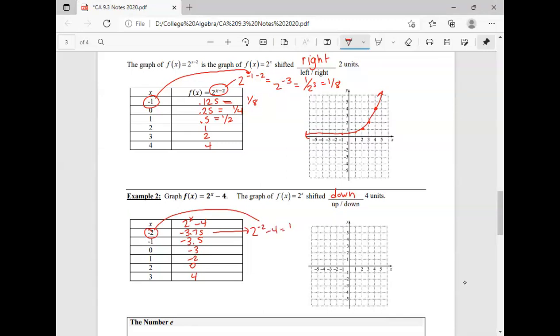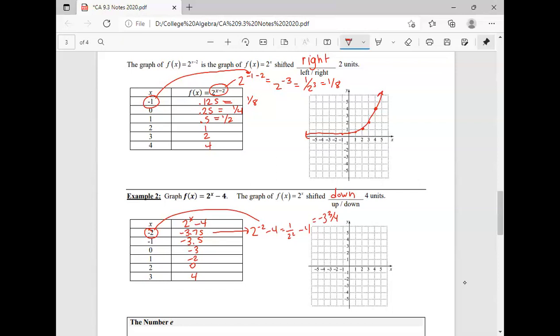Well, 2 to the -2 is 1 over 2 squared, and 1 over 2 squared is 1/4, minus 4 ends up being -3.75, or -3 3/4. Everybody okay with that? If you had to do it by hand, that's what you would do.